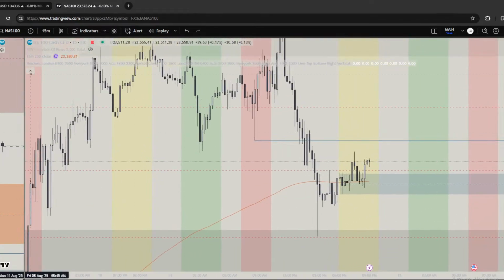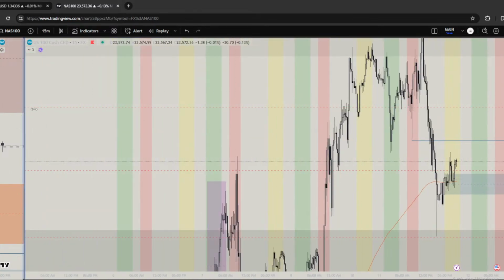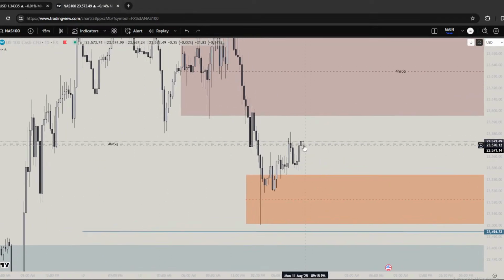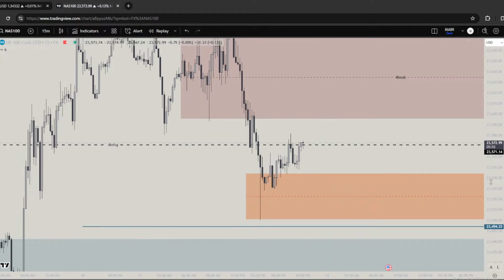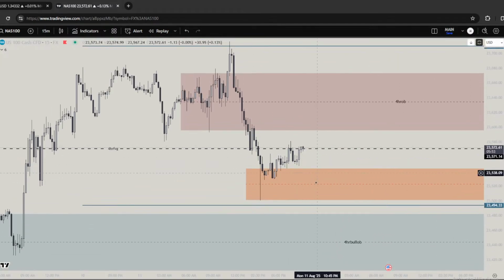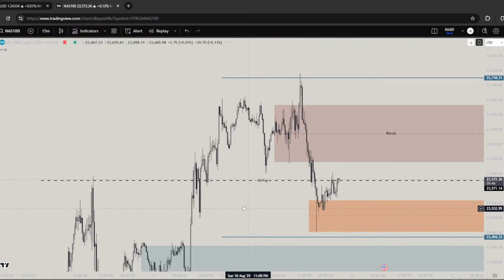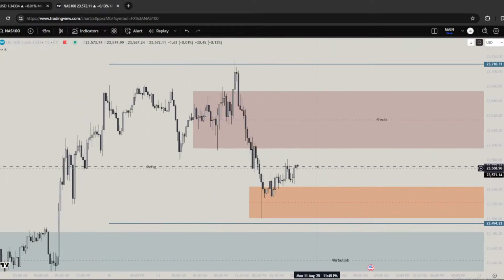I still would see gold doing that deeper retracement down. So if anything, I would want Nas to take out these lows, then displace back higher. Boom, boom. But I still see it coming back to this order block.